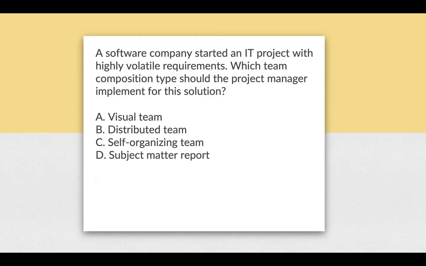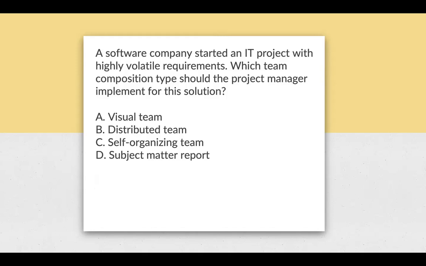Correct answer is self-organizing team. Projects with highly volatile requirements benefit most from a self-organizing team. That is a core principle of adaptive or agile approach. This team has the autonomy to decide the way to do the work and quickly adapt to changing requirements without needing constant external direction.